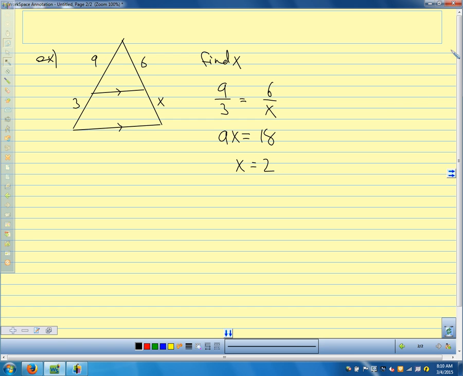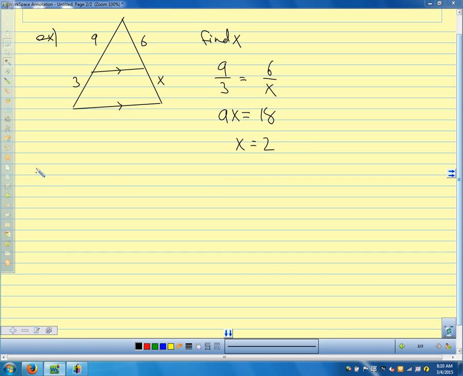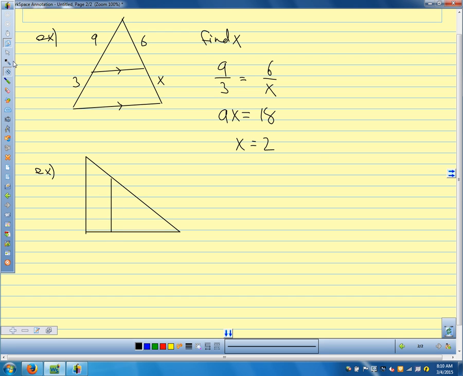Let's look at a little more complicated example. So here's our setup for this one. This one we have to be a little more careful, but not too bad. 3, 4, 2, and x. And we want to find x again.